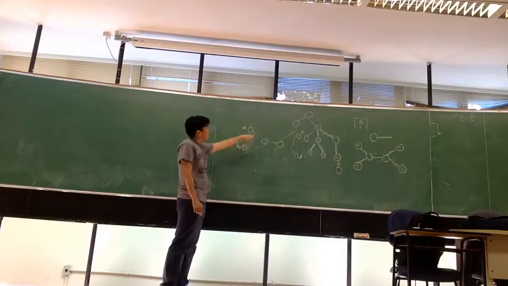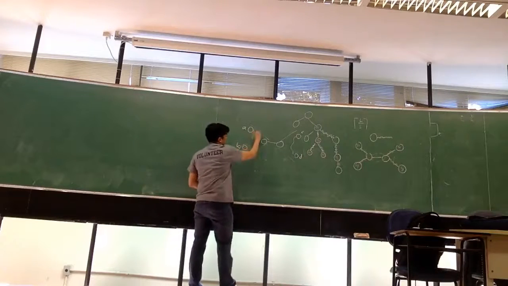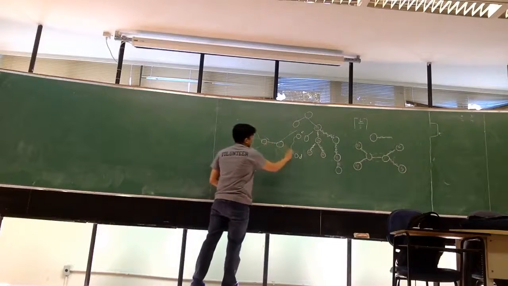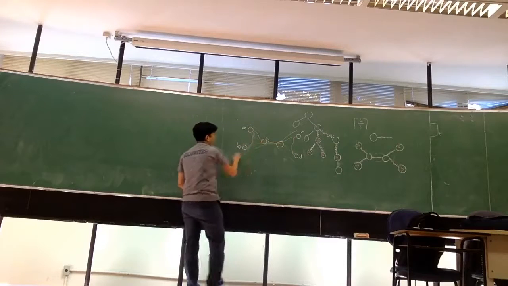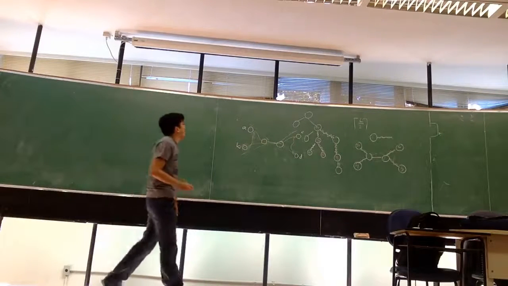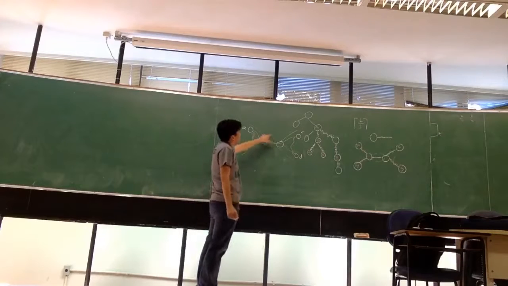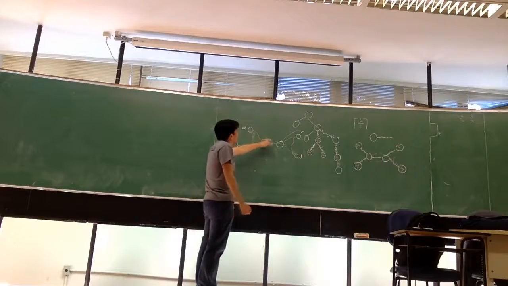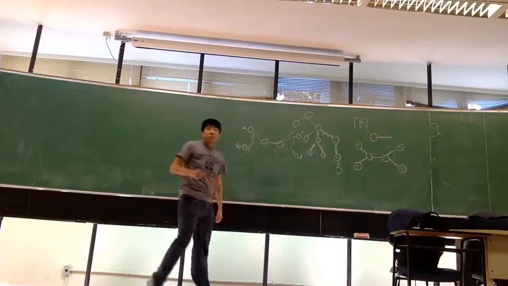Instead of connecting A to B and C to D, we can do something like this. And I claim that this solution is at least as good as the pink solution.